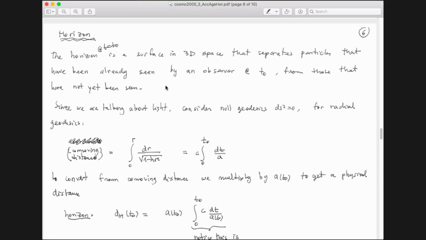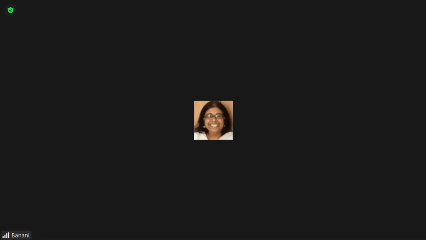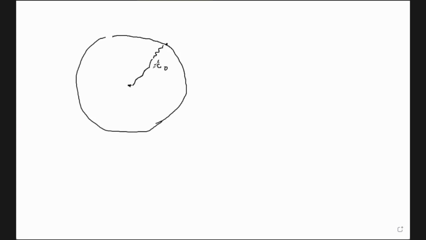I'll draw a little bit, then it will be easier for you. Suppose a horizon is a sphere, and you are here. Suppose a light ray emitted long back in the beginning of the universe is coming to you. If we know that the age of the universe is t naught, roughly we will think that the distance traveled is ct naught. But this is not the case.